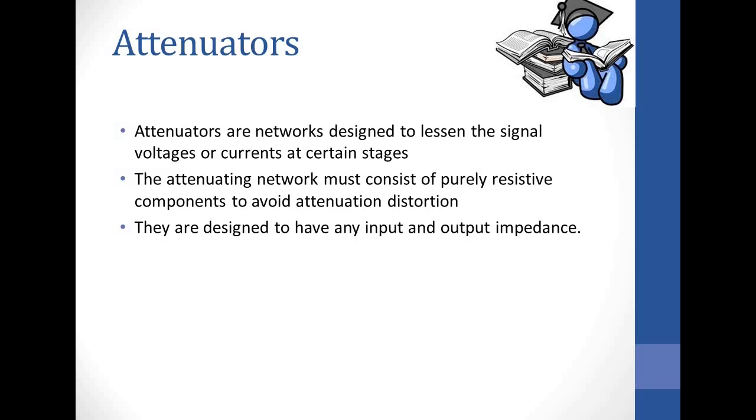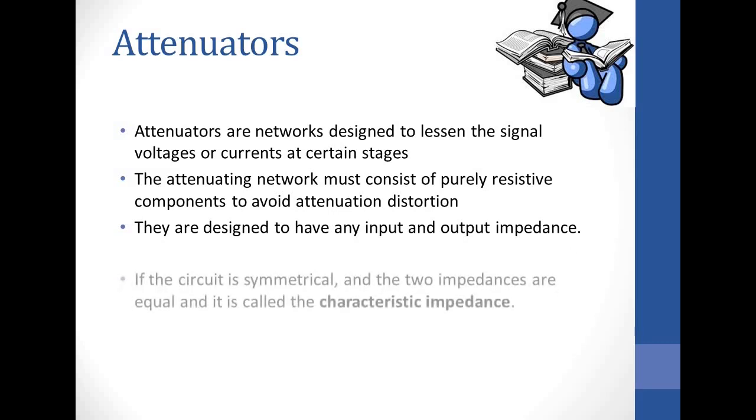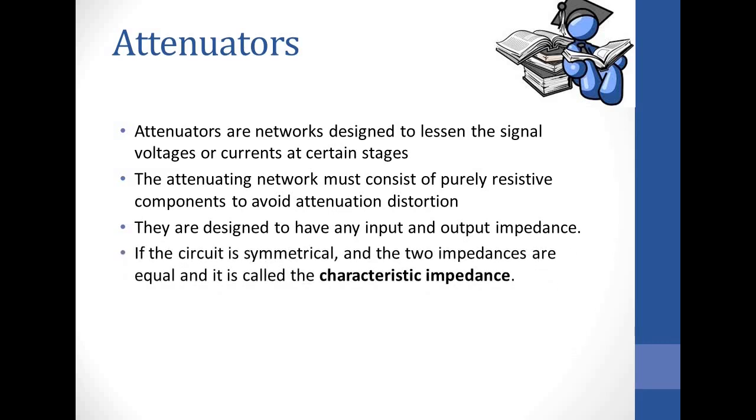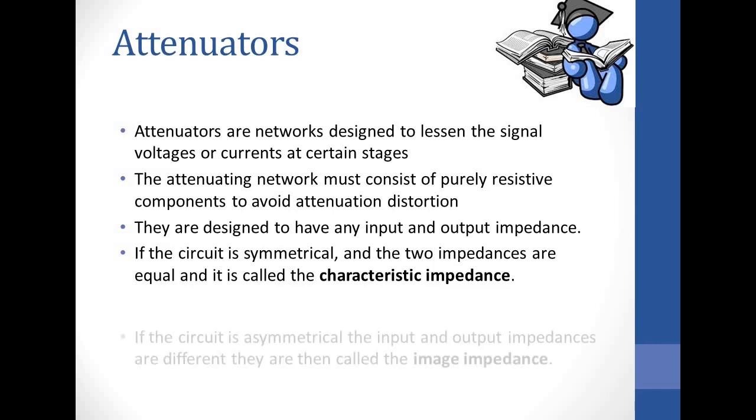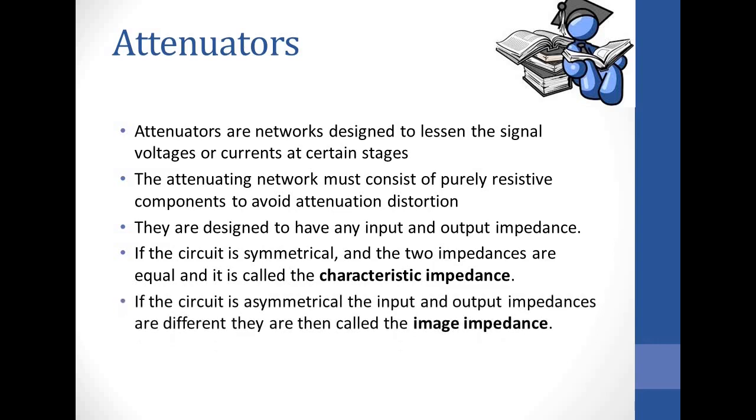They are designed to have an input and output impedance. If the input impedance, which is at the input of your attenuator, is equal to the output impedance, which is the output of the attenuator, these impedances are called characteristic impedance. These are some of the attenuators that you see with the same input impedance and same output impedance.